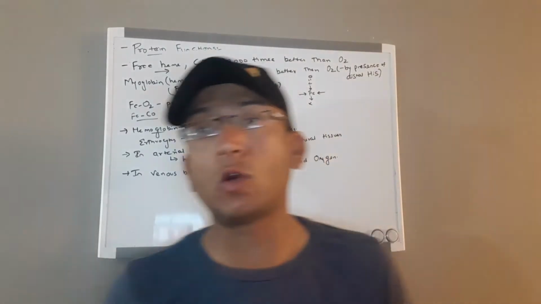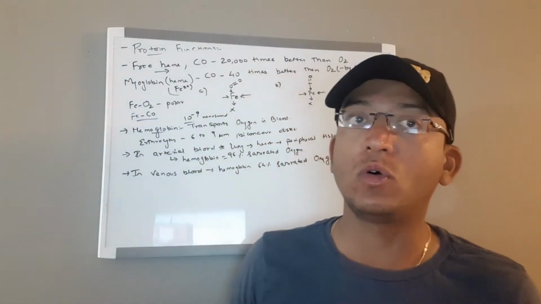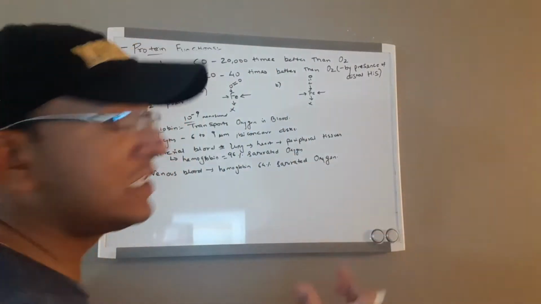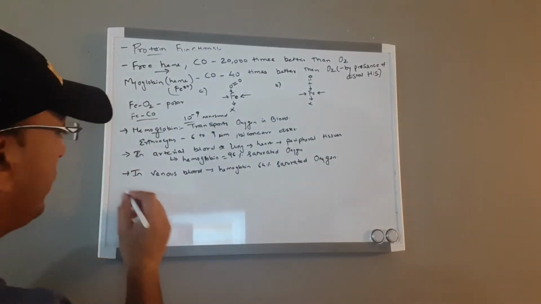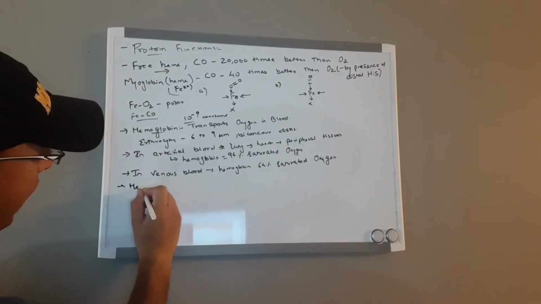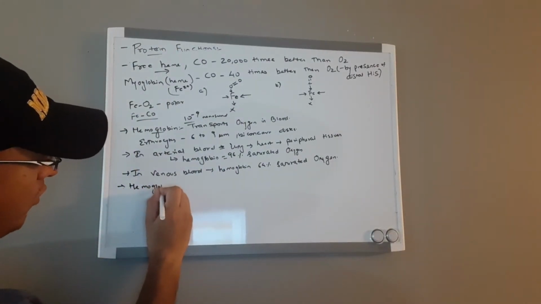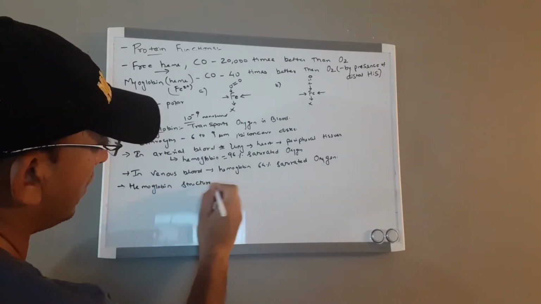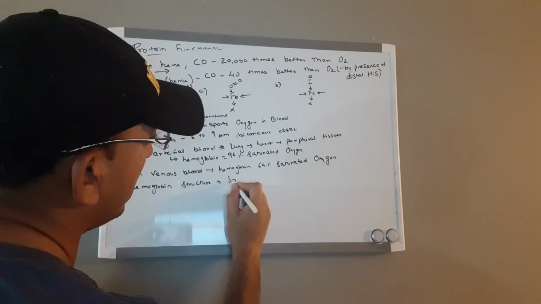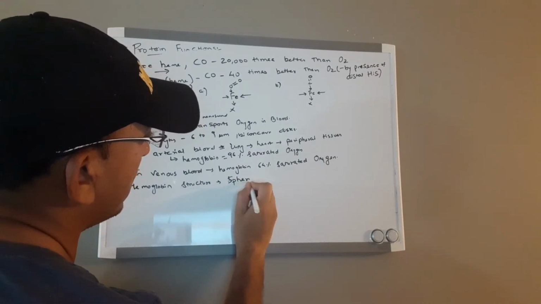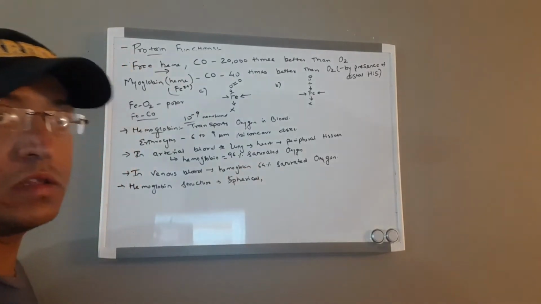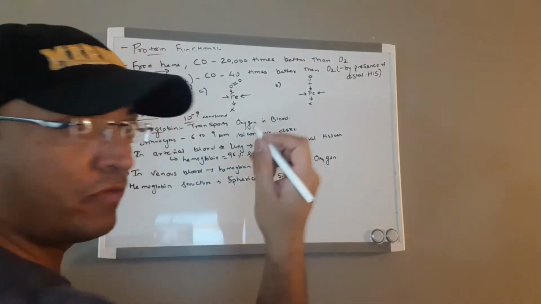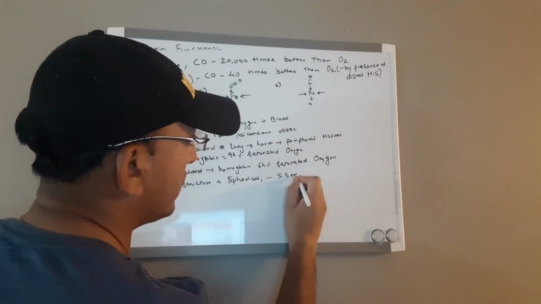Right, and the hemoglobin subunits structure is similar to myoglobin. Hemoglobin is roughly spherical with a diameter of about 5.5 nanometers.